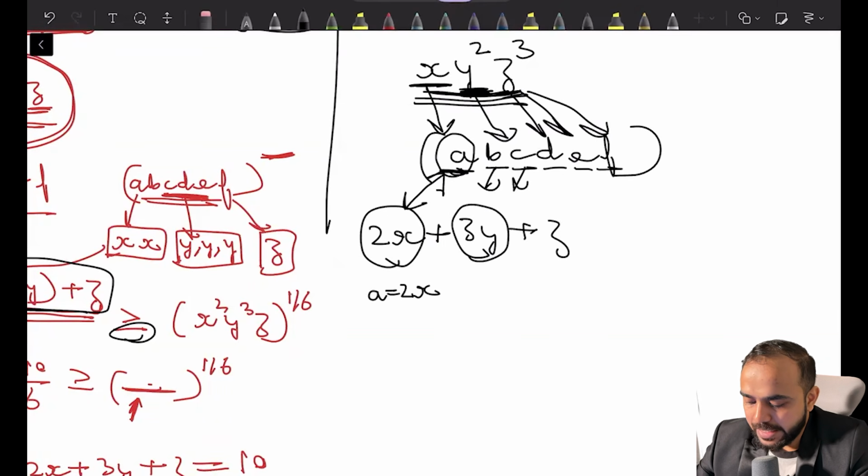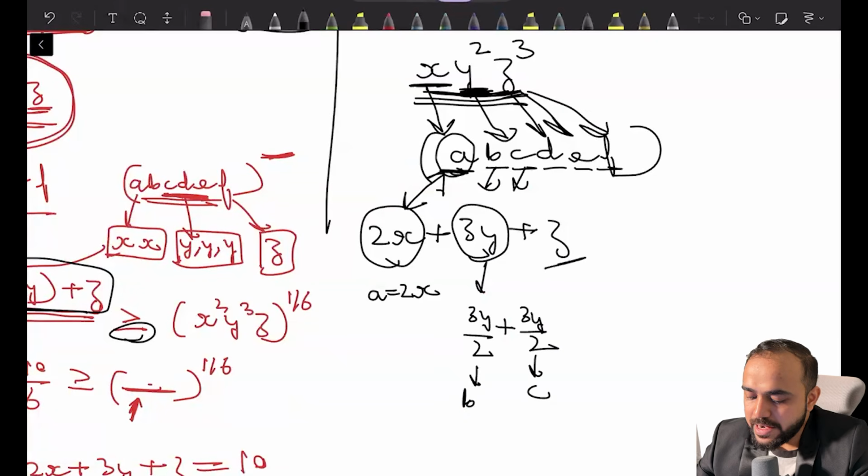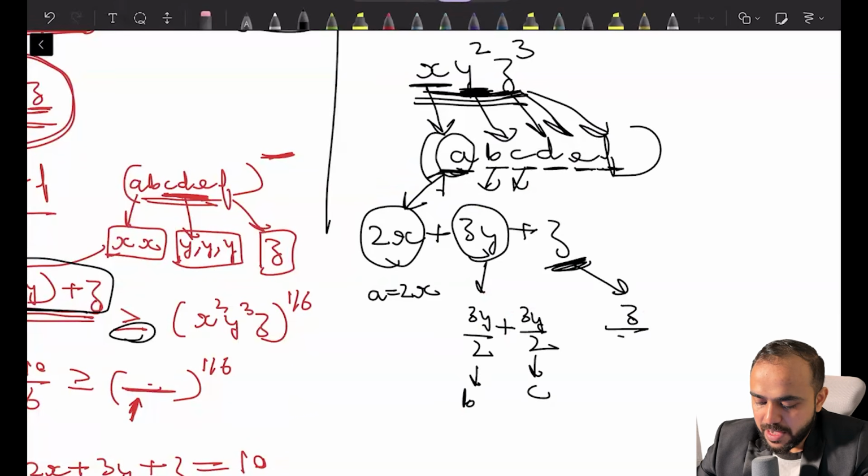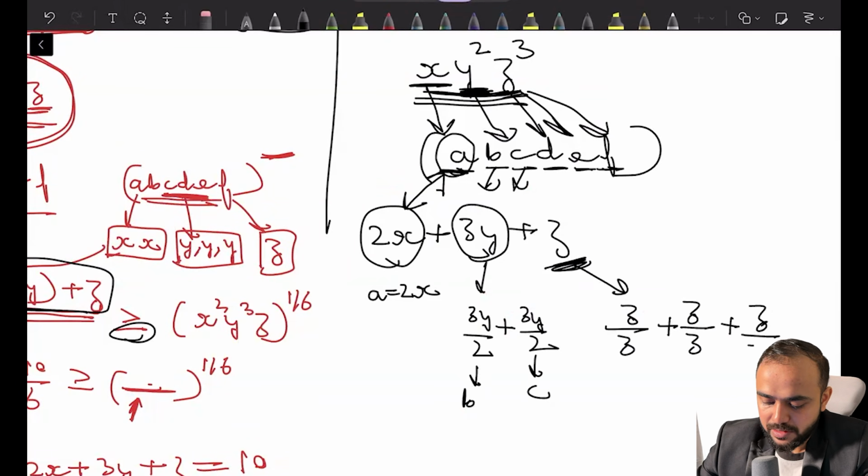So I will write it as 3y by 2 plus 3y by 2. This is B, this is C. Z has to be accounted for by D, E, F, three values. So I will write z as z by 3 plus z by 3 plus z by 3. This is D, this is E, this is F.